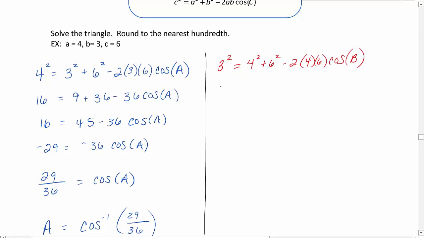Now we'll just clean up. Combining like terms.